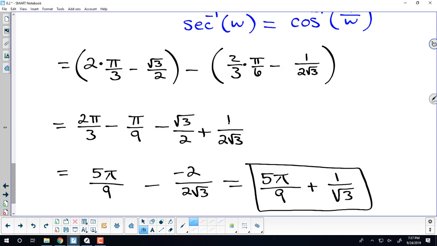This one? Yeah, it's positive. Shouldn't this be positive? So this was root 3 times root 3 over 2 times root 3 plus, that's a minus, 1 over 2 root 3.